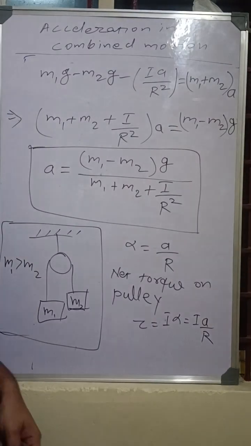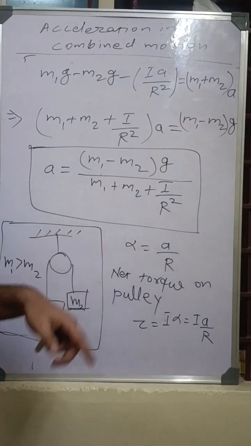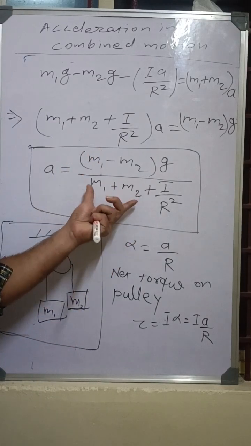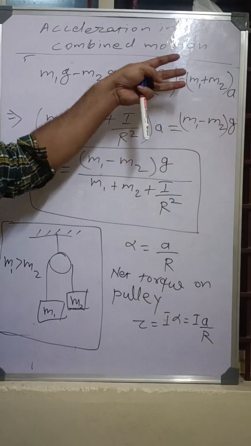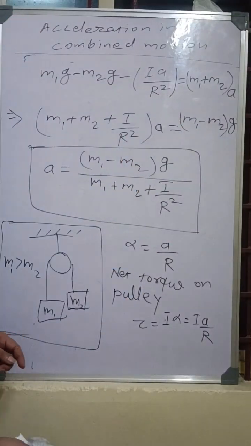Okay, now here I am going to analyze this expression. By analyzing this expression we can easily find this result without writing the free body diagram and all these equations of motion.